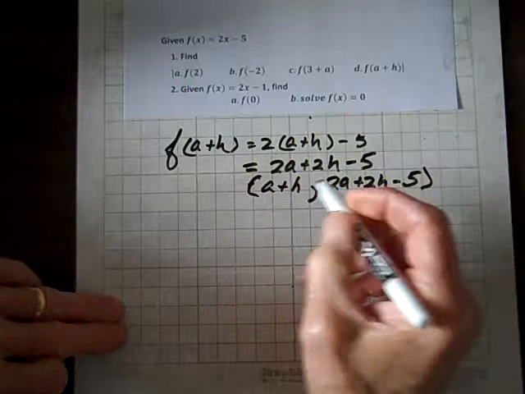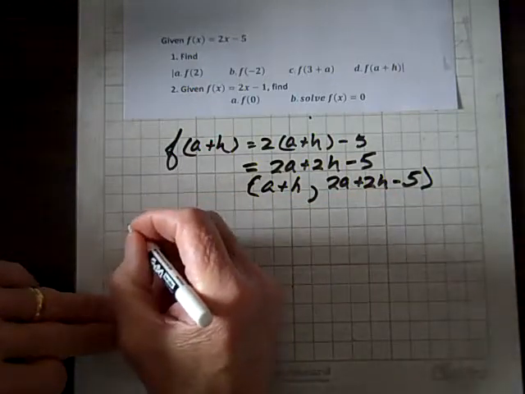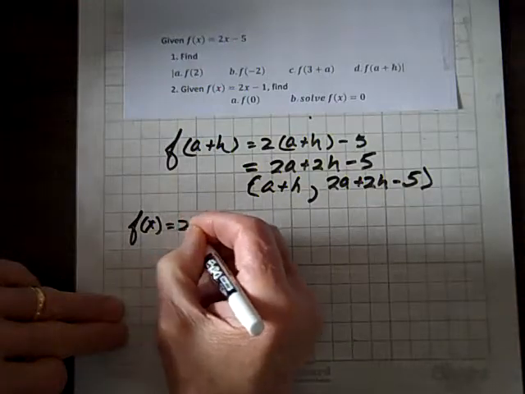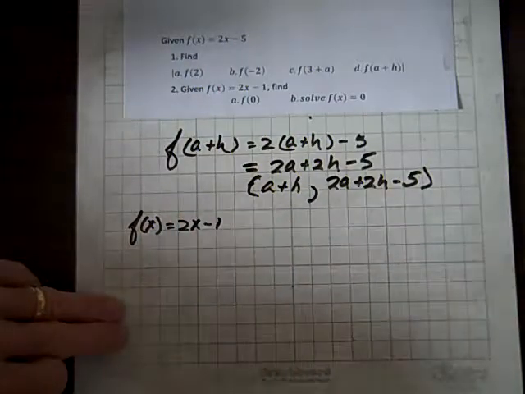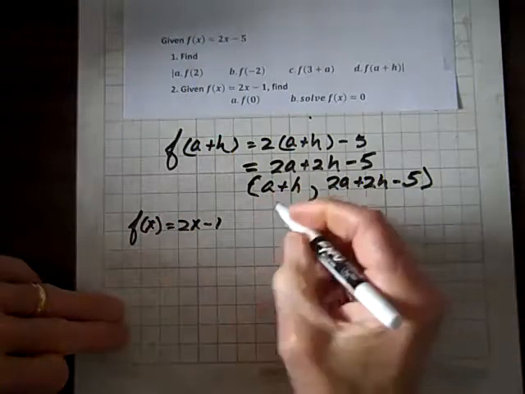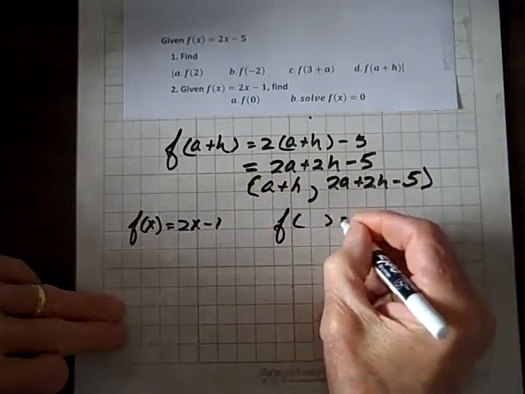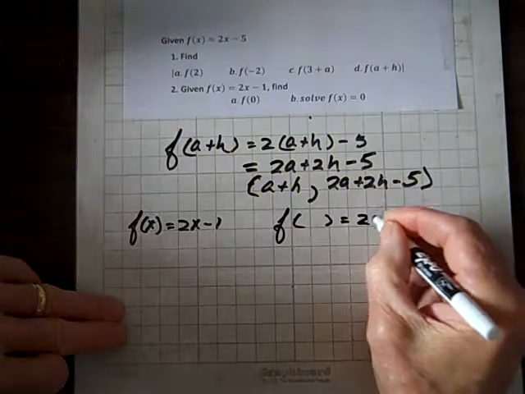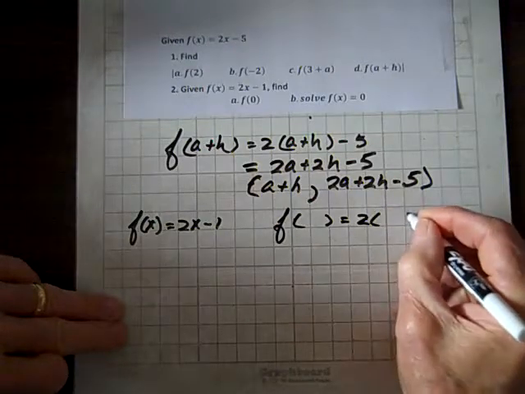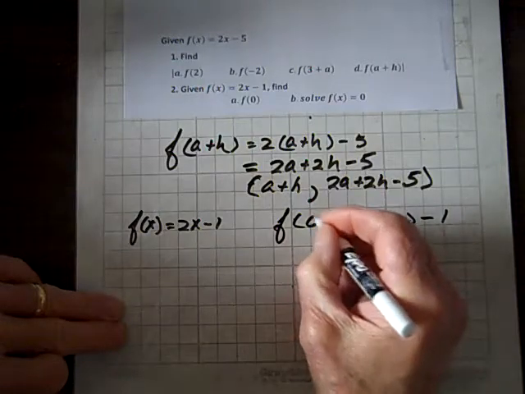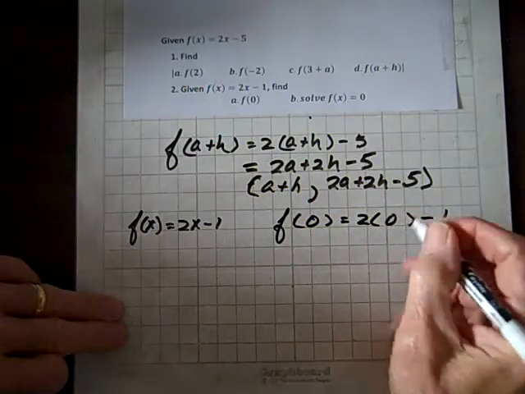Okay, well, let's get another function, and that function is f of x equals 2x minus 1. And let's evaluate that at 0. Well, let's see. We know we're going to replace the variable on the right with parentheses. And if we put a 0 here, we have to put a 0 there.